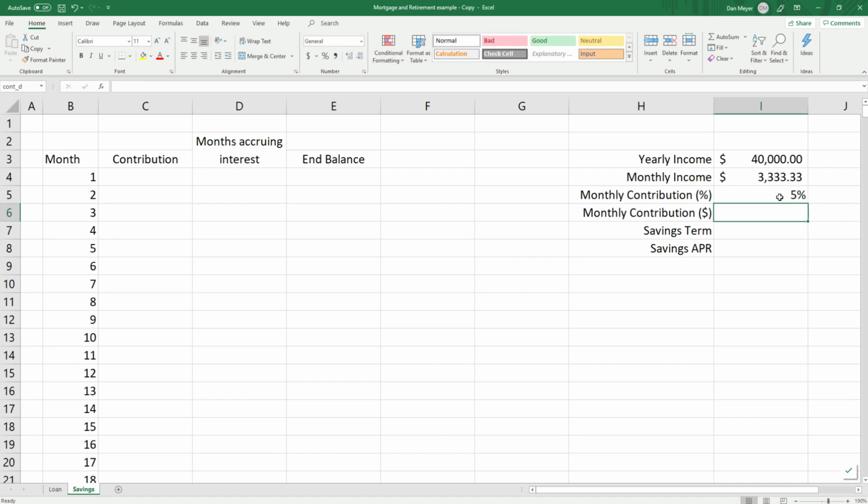Some of that savings is rainy day stuff and fixing houses and things like that. Some of that savings is retirement. So let's say we're saving 5% a month towards retirement. We're talking about a retirement savings account here.